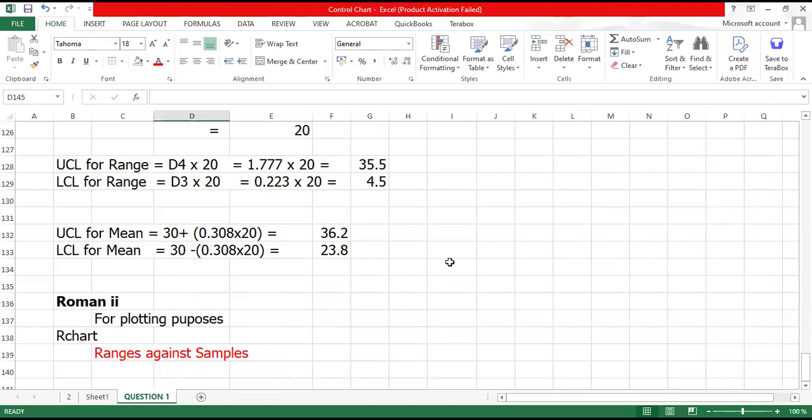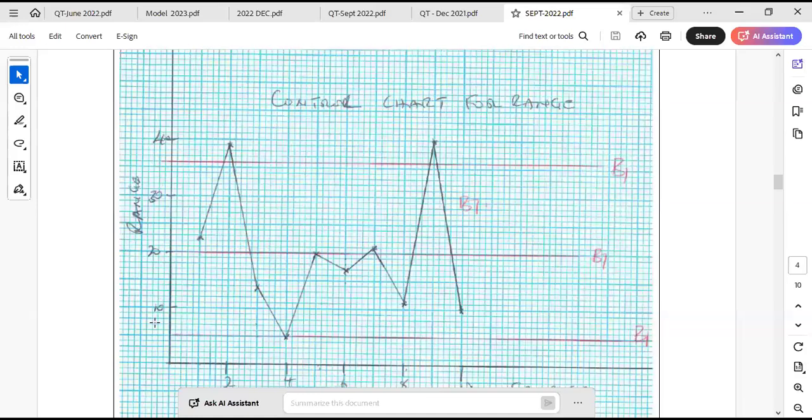So on the vertical axis, the highest figure is only 40. Come up with a scale that can help you make sure that you plot this 40. Because if you don't come up with a suitable scale, you may end up not plotting some points. Here I'm using a scale of 10.